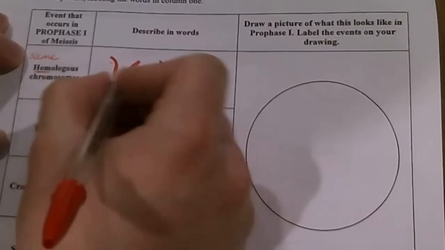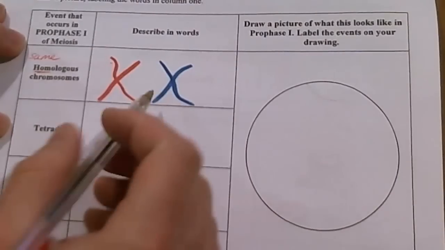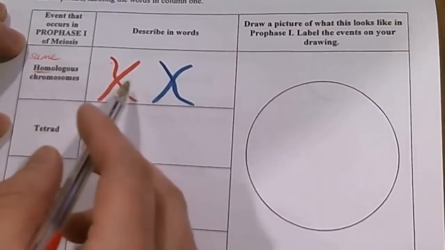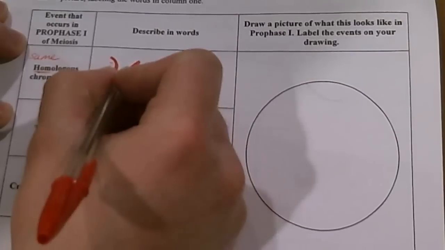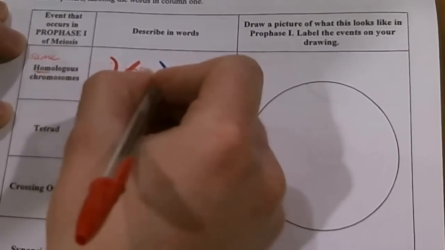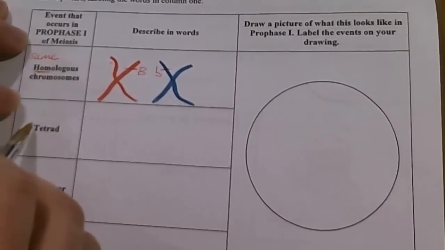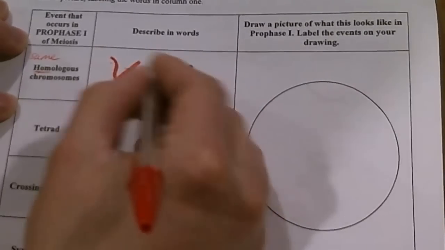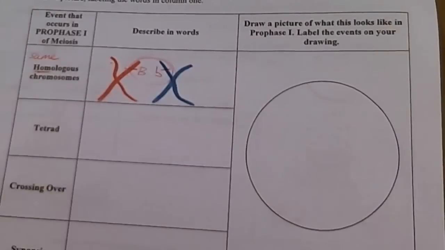For example, if we're talking about eye color, as we've discussed, you have two alleles that contribute to your eye color. Maybe this chromosome gives you the big B, and this chromosome gives you the little b. So they're homologous in the sense that they both contribute to your eye color.